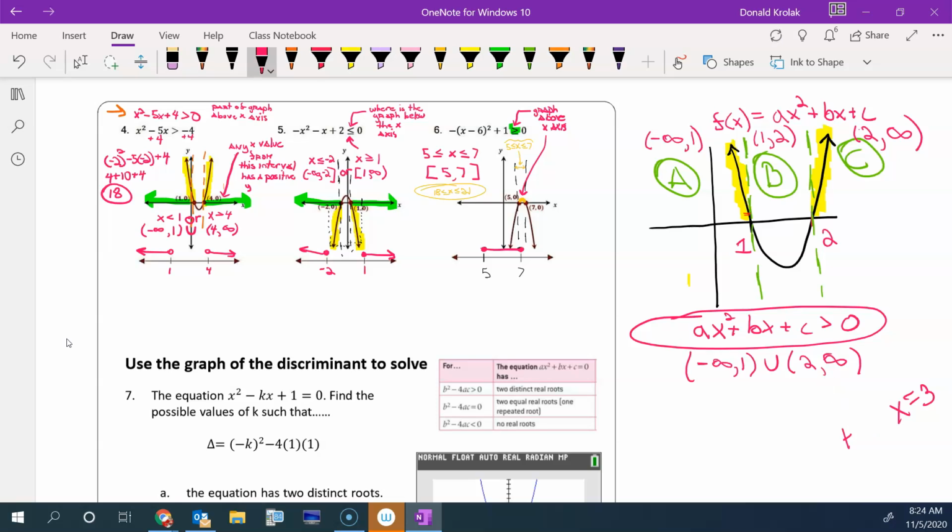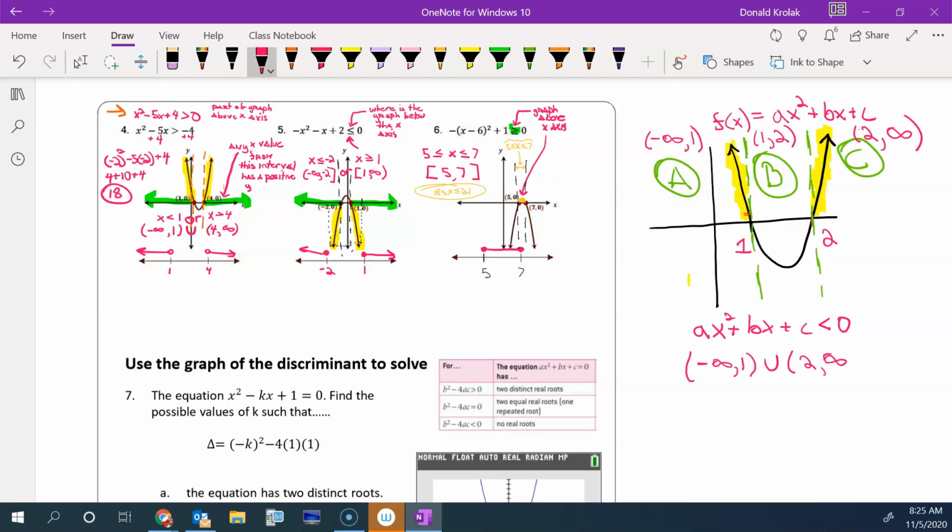That's if the question was asking where it is greater than 0. Then the other option is, what if instead of a greater than, that symbol was a less than 0?